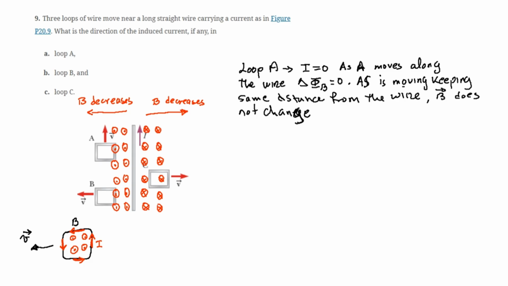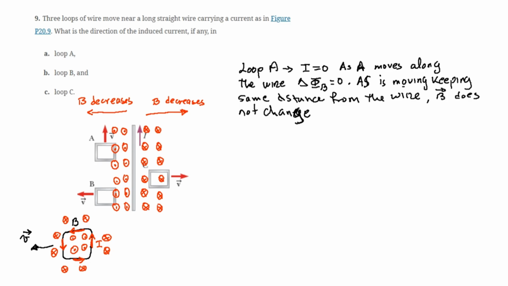Or outside this loop, the magnetic field enters into the plane of the computer screen. So the current that needs to be induced here, based on Lenz's law, to counteract the decrease, needs to be counterclockwise, because when it's counterclockwise, we have inside the loop a magnetic field in the same direction as the magnetic field due to the straight wire.